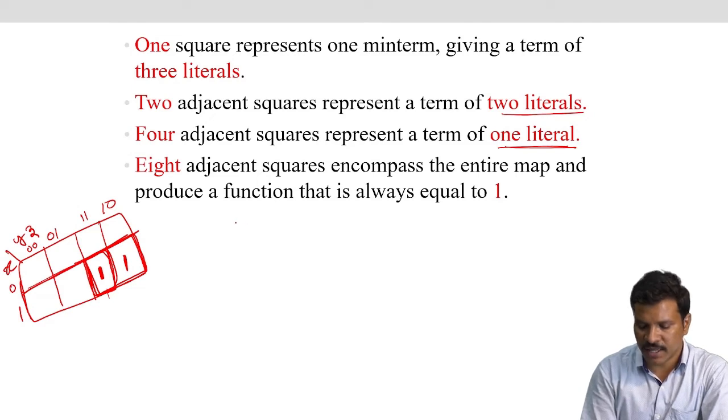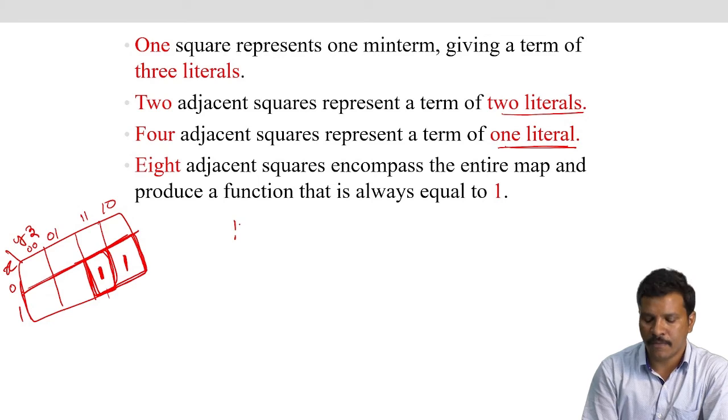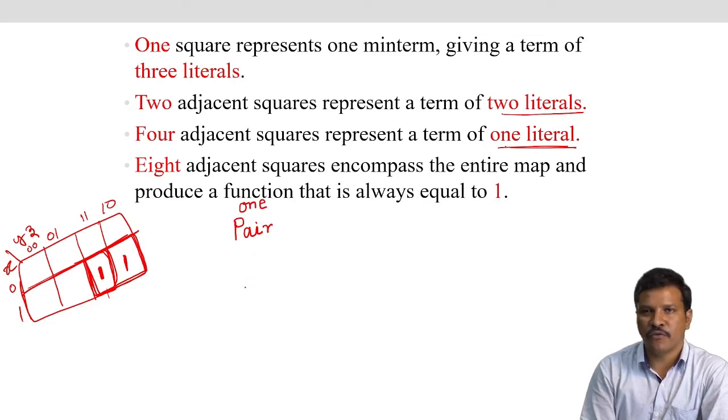If you consider 2 adjacent ones in the square boxes, we can call it a pair. Four minterms adjacent together, we can call a quad.